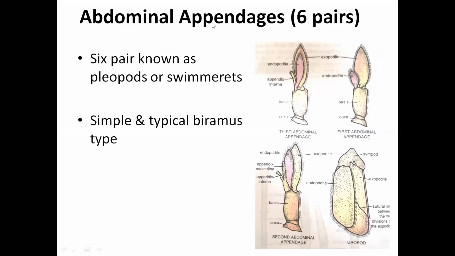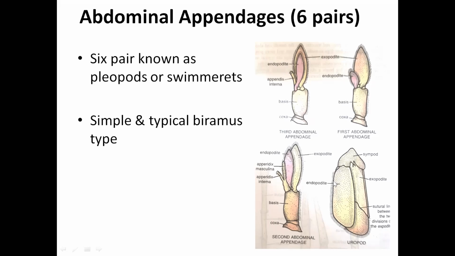Here you can see in the third abdominal appendage there is one structure known as appendix interna. This appendix interna is present in the third abdominal appendage, but it is greatly reduced in the first abdominal appendage.